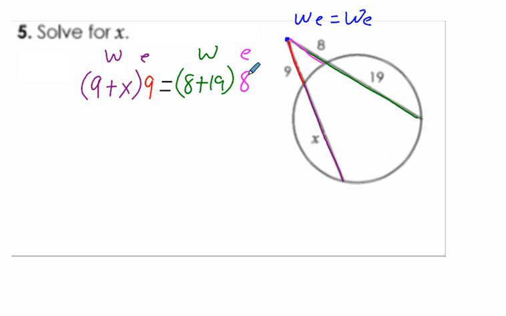On the left side, because we have the variable, the x in there, what we're going to do for that one is distribute that 9. So we're going to multiply your 9 times 9, then your 9 times x. So we'll end up with 81 plus 9x equals.